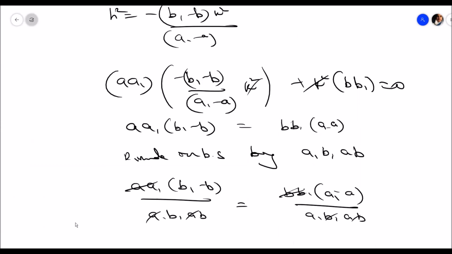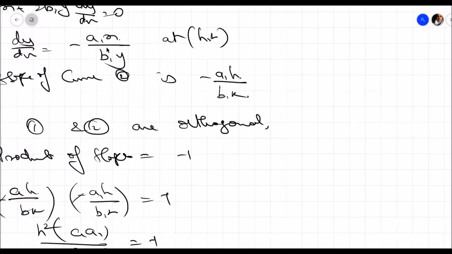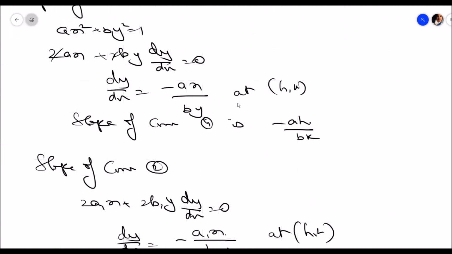And after I divide each term, 1 by b minus 1 by b1 is equal to 1 by a minus 1 by a1. Okay, you can rearrange the terms to get what is exactly asked. Let me just go back to see what is exactly asked.